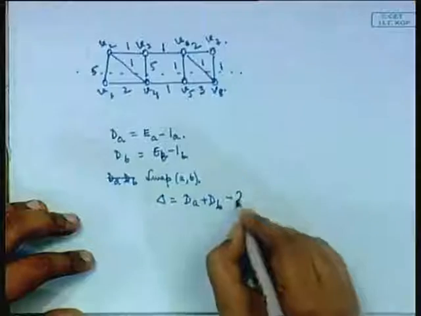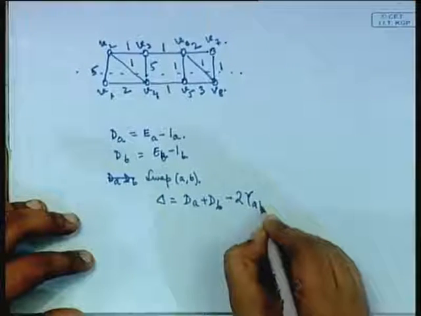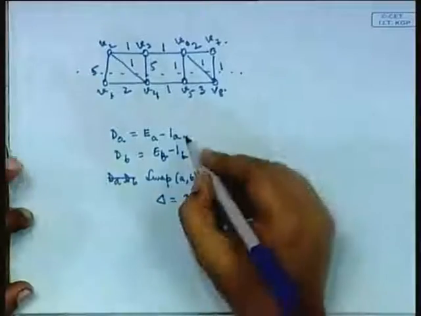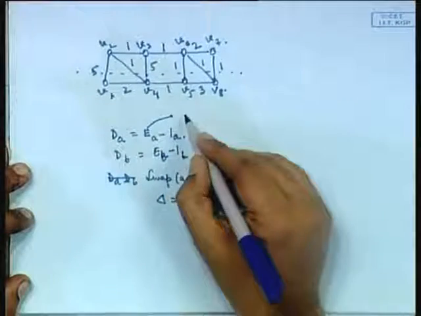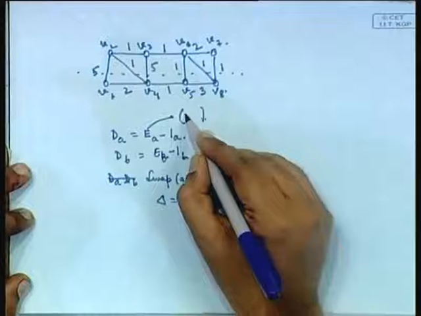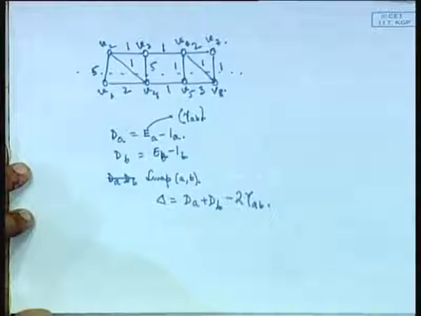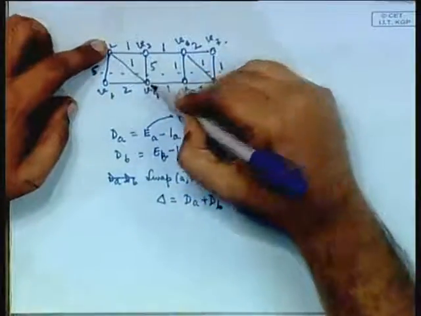Minus something twice, meaning you have to consider that within this external cost there may be a link between A and B. See, take 2 and 4.